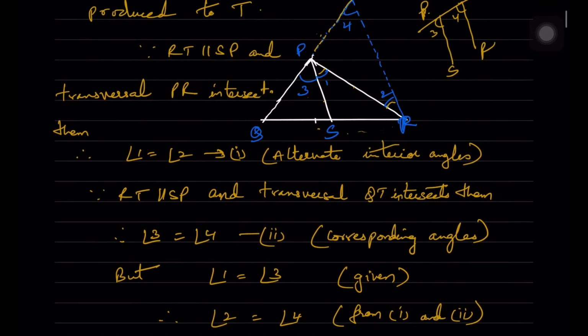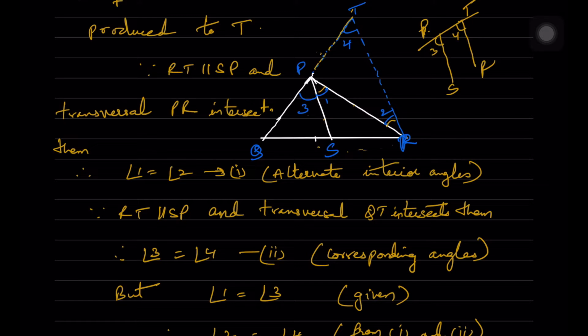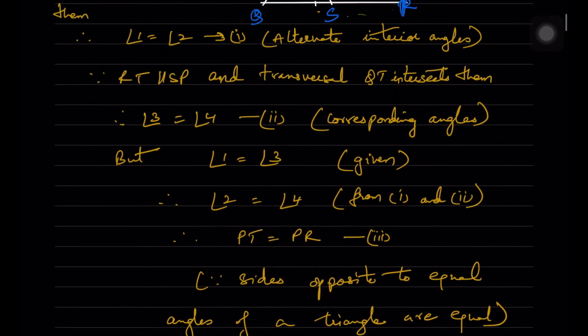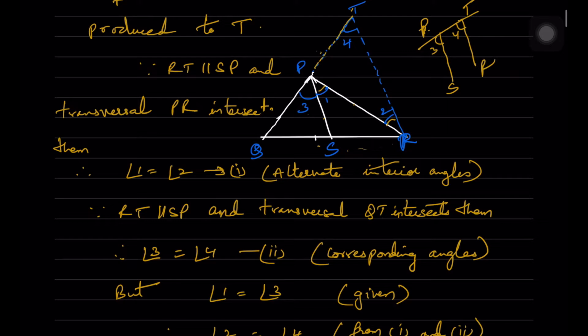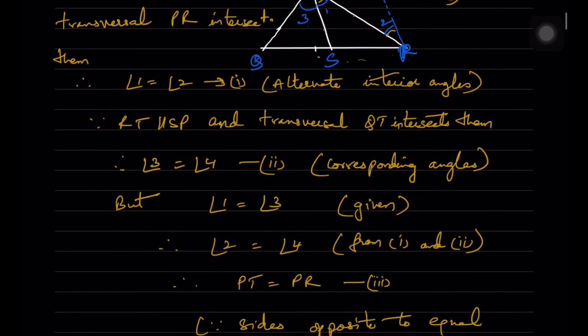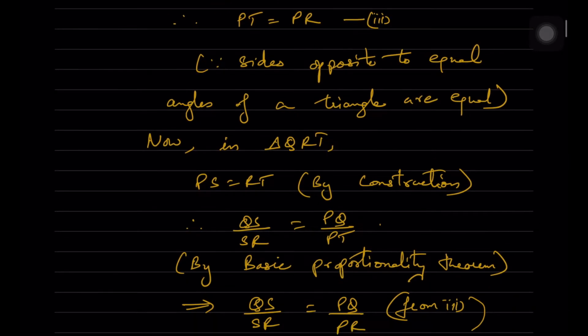Now in triangle QRT, the bigger triangle with these dotted lines, Q, R and T, you can see that PS is parallel to RT, which is given to us by construction.